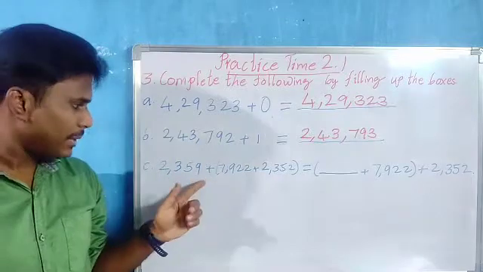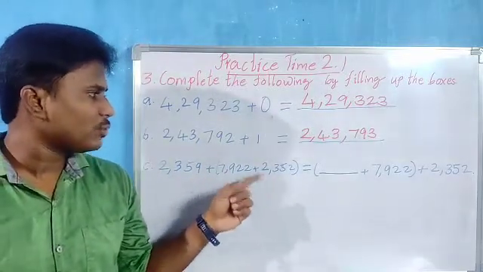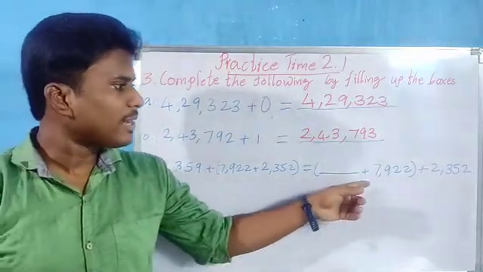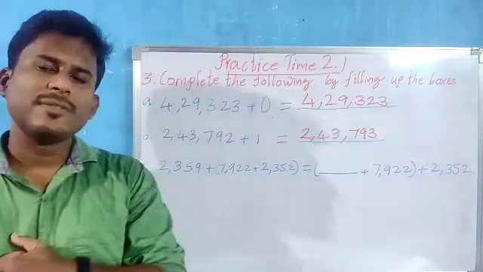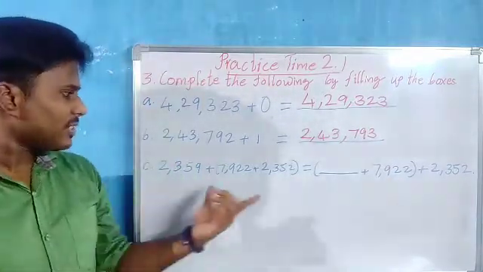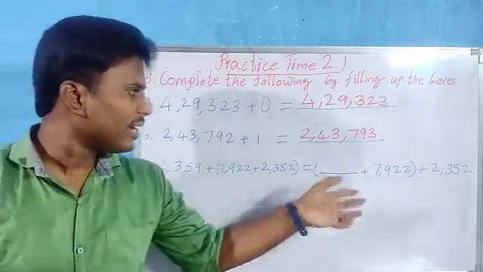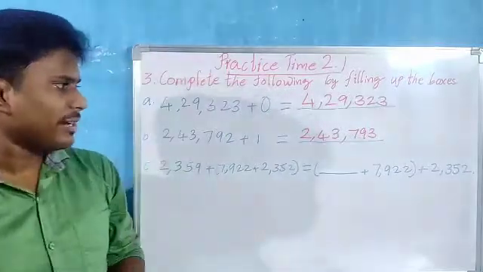Now see here, children. 2,359 plus group of 7,922 plus 2,352 equal to dash plus 7,922 plus 2,352, children. So see, children, here these two numbers formed a group, and here the group is divided and 2,352 we added separately.